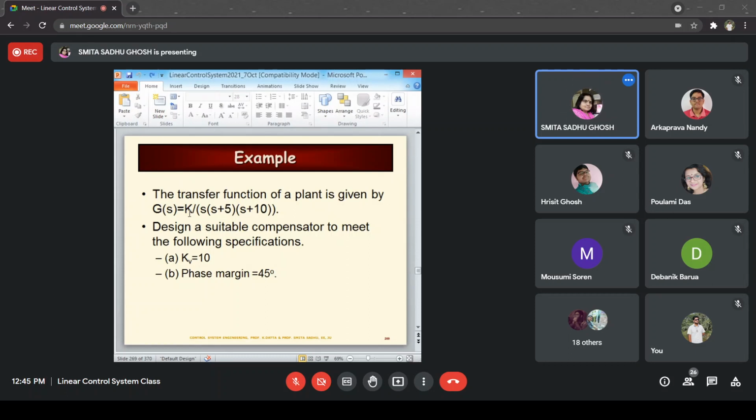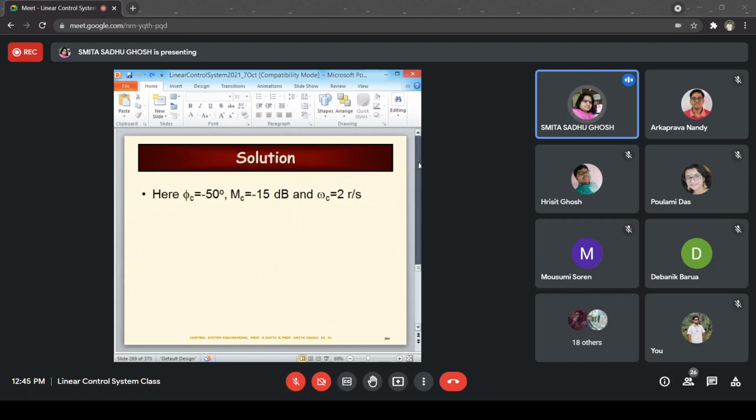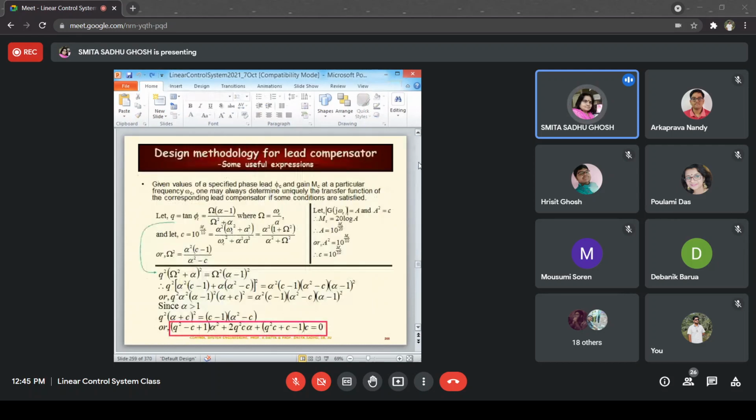The first job would be to find out k from the requirement given for the accuracy. In this particular example, Kv is mentioned as 10. From there you calculate k for the system. Once you get k, the whole transfer function will be known to you, because k is the only unknown parameter. That is what I'm trying to tell you as the first step.